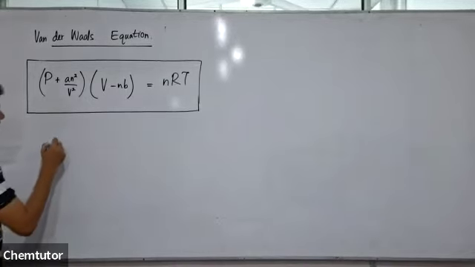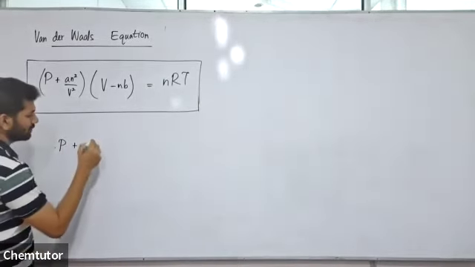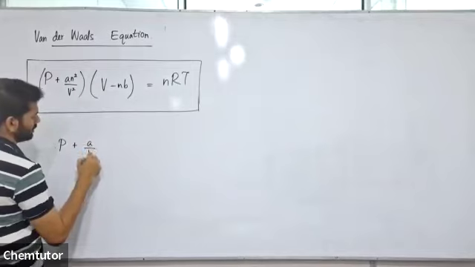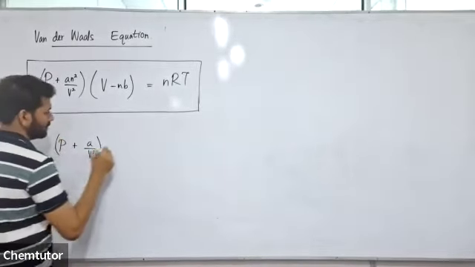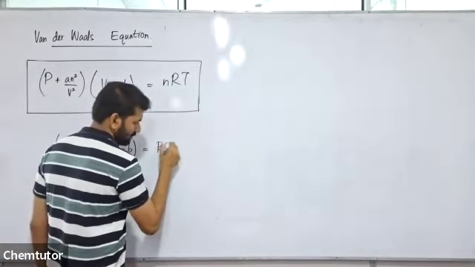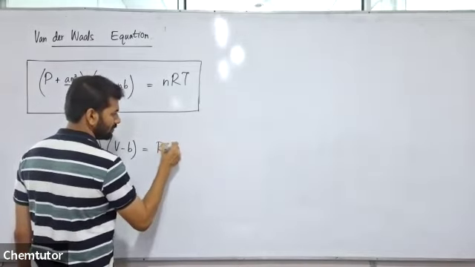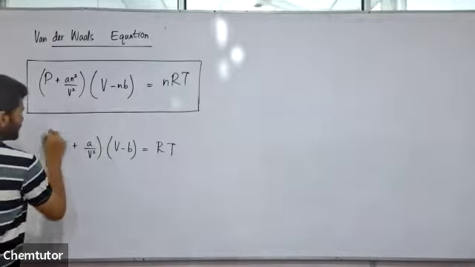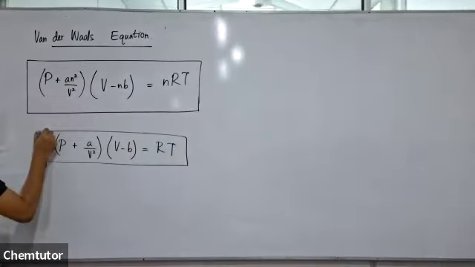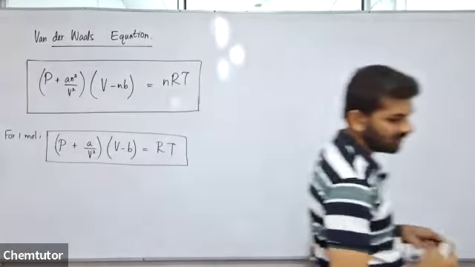It can be given as follows. Right. So we can remove all the n's because n is 1. So this is for 1 mole of a gas. Right. That is for 1 mole of a gas.